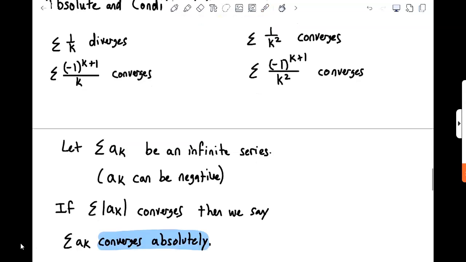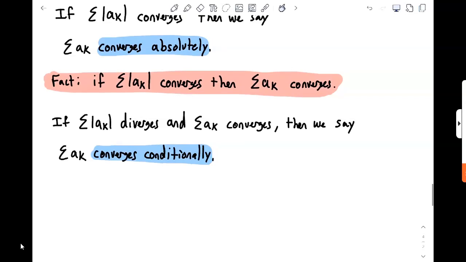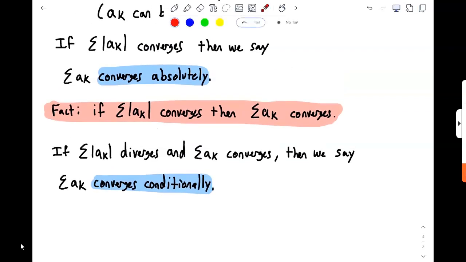That series is going to converge because the absolute value one also converged. And now, if the sum of the absolute values diverges and the sum of the sequence converges, we say it converges conditionally.